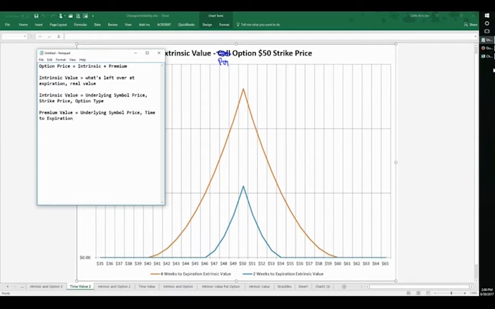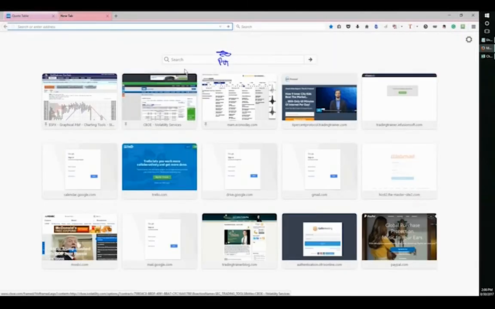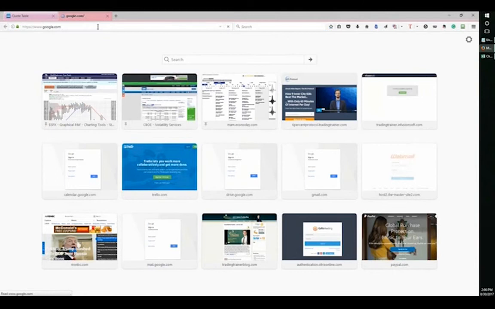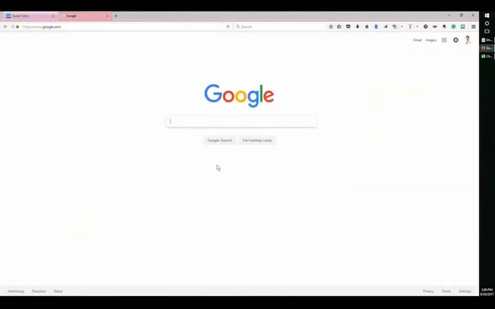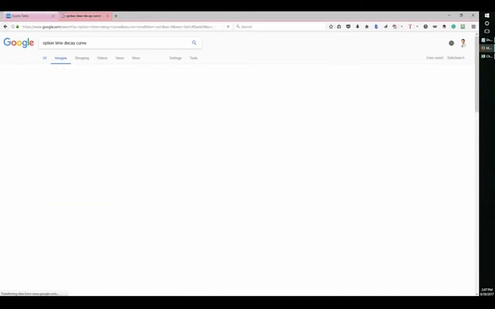And just as a side note, you may already know this perhaps qualitatively, but I really want you to go to Google on your own time, of course. And when you're at Google, type in option time decay curve. Why not? And I like Google Images better than Google just because I don't like to read.